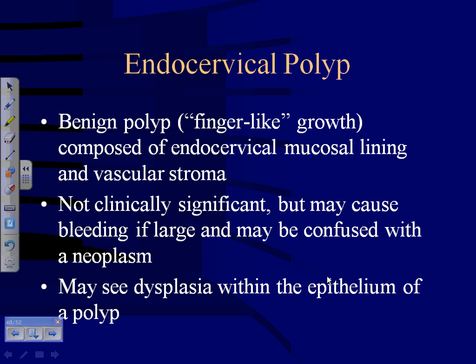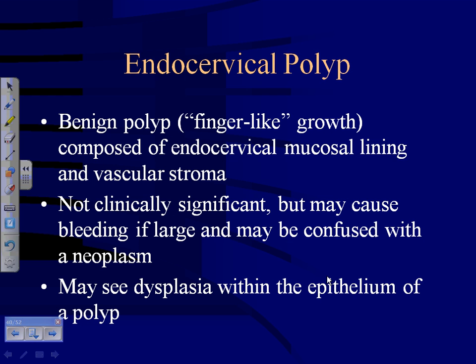Polyps, whether they're in the endocervix or the endometrium, are often very vascular, and that's how we diagnose them on histology, by looking for that vascular component in the stroma. But generally it's lined by normal appearing epithelium. It'll either be endocervical cells or endocervical cells that have undergone squamous metaplasia, which we can also see on a polyp.